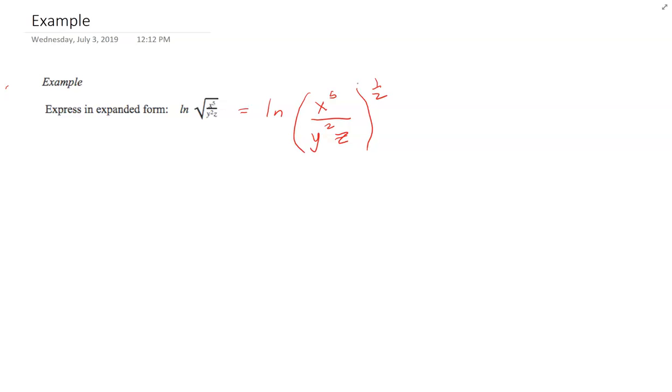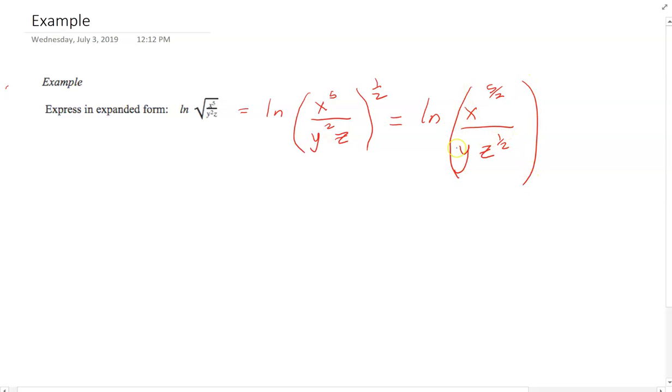Now, we can distribute this 1/2 through, so that becomes ln of x to the 5/2 over y to the 2/2, but 2 over 2 is just 1, so we can just write that as y, and then z to the 1/2.